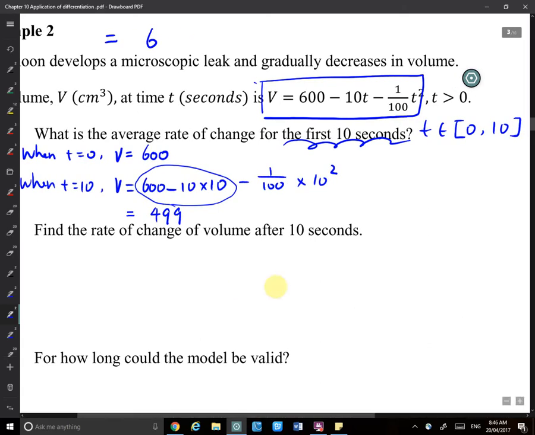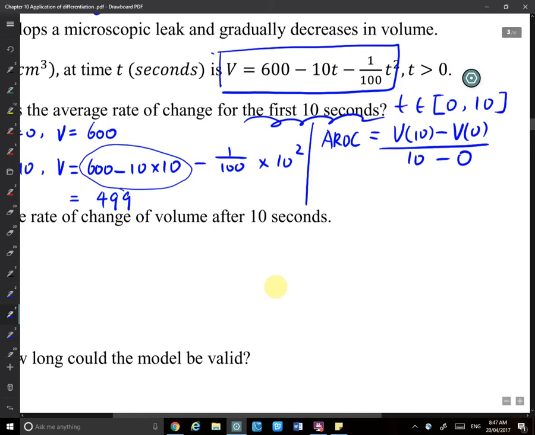So what is the average rate of change? That equals V10 minus V0 over 10 minus 0. Remember, it must be the last value subtract the first value.